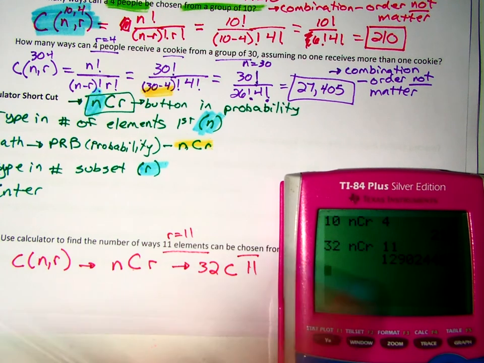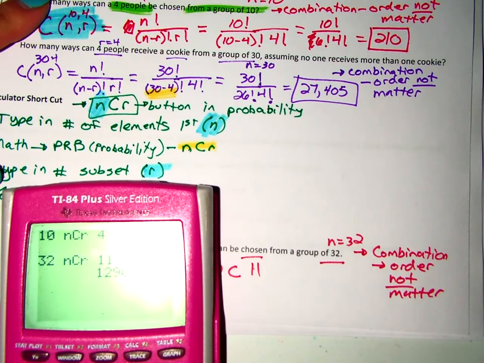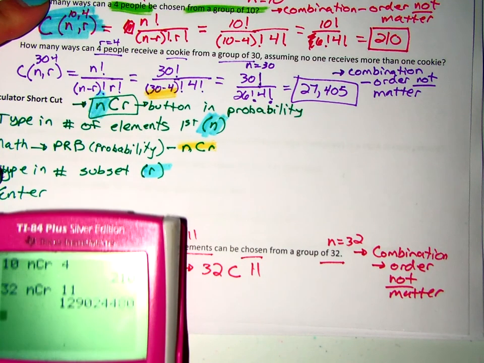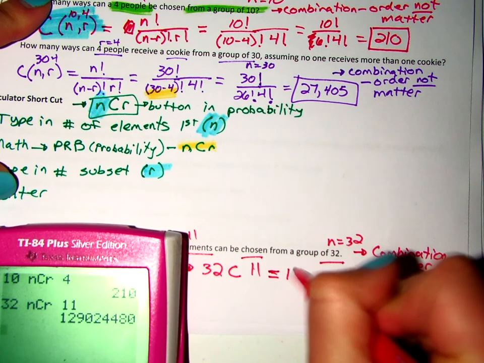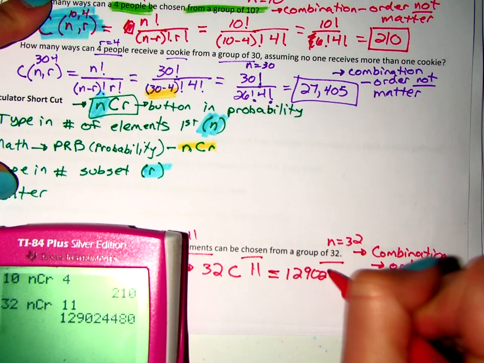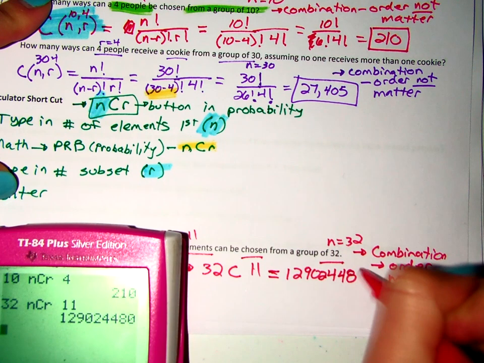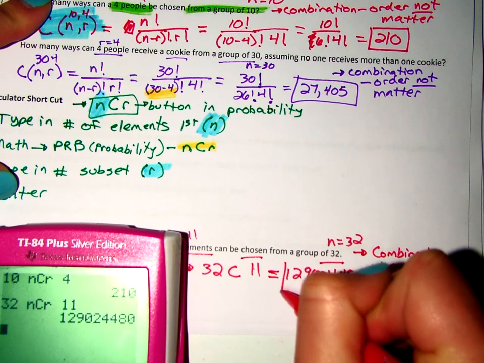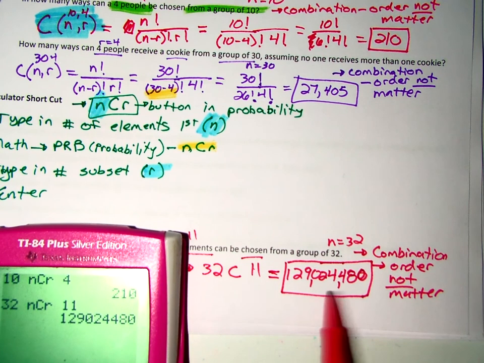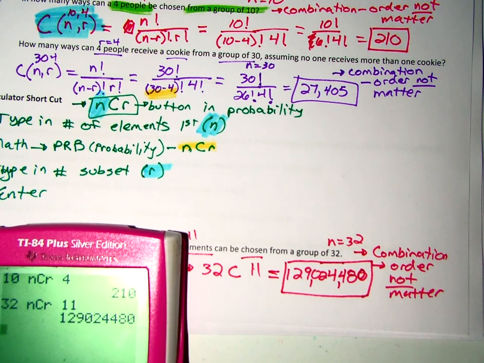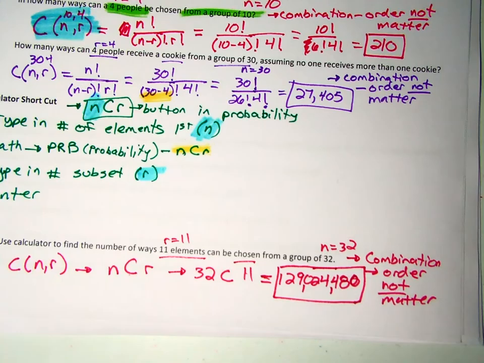That gives me this number here, so I'm going to move my calculator over so that I can write that down. So this is 129,024,480 ways to choose those 11 groups. Okay, so now you're going to go to the next video to see the permutations.